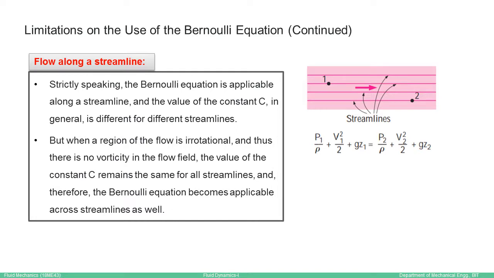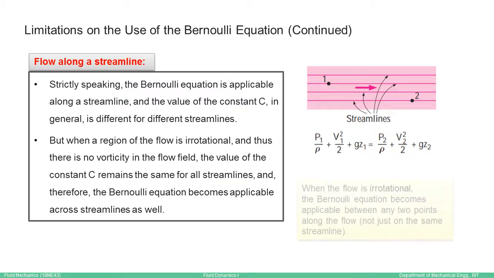Remember, all these streamlines will have the same value of the constant. So at different points and along different streamlines, the value of the total energy head becomes the same. If 1 and 2 are different points along the streamlines, when the flow is irrotational, you can say that the energy head is equal to c.